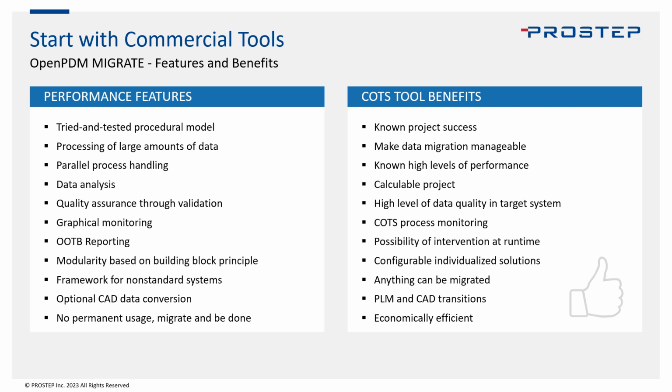So let's start with the benefit of using a commercial tool. In our case, this is OpenPDM Migrate that PROSTEP offers. Really, you've got performance features that are baked into the tool because this framework has availability for high-performing interfaces that have been tested over time, parallelization that's been tested over time, good success with analysis, reporting, a nice interface so that you can use the system efficiently.